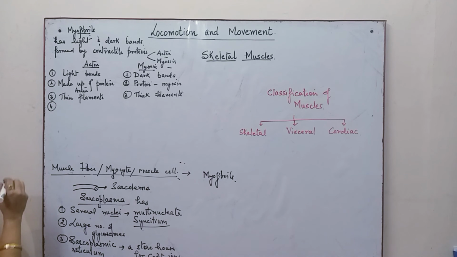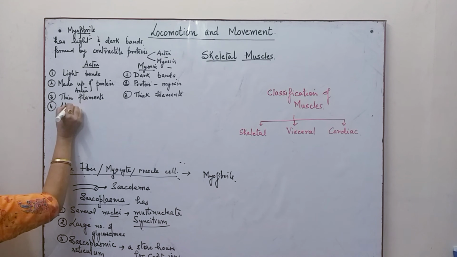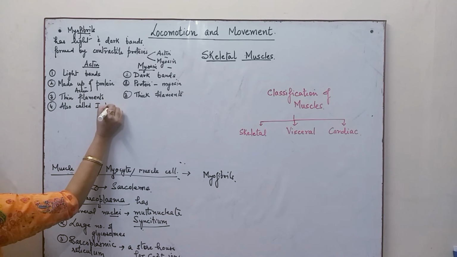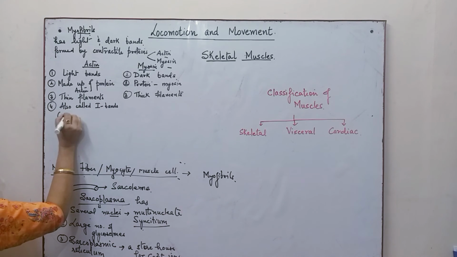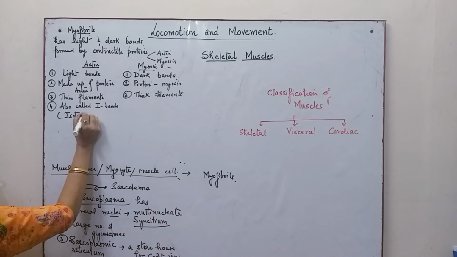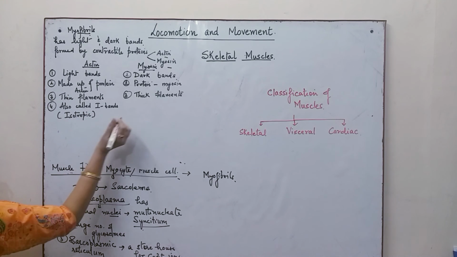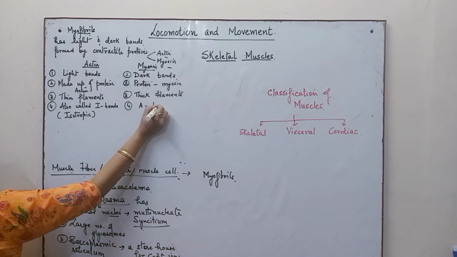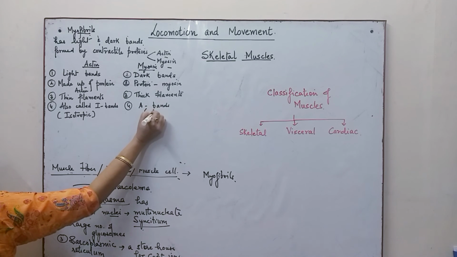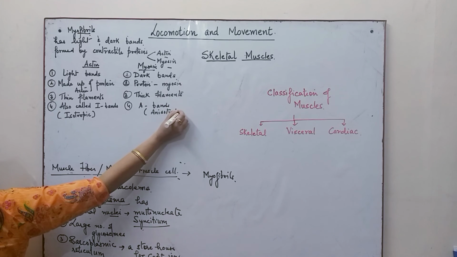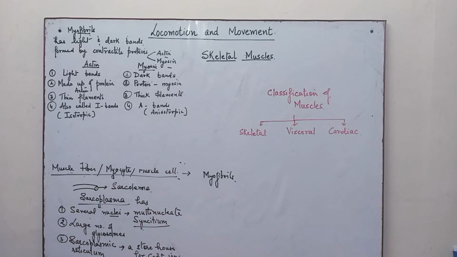And they are also called I bands, that is isotropic. And these are called A bands, or anisotropic. So we have the different bands giving the color.